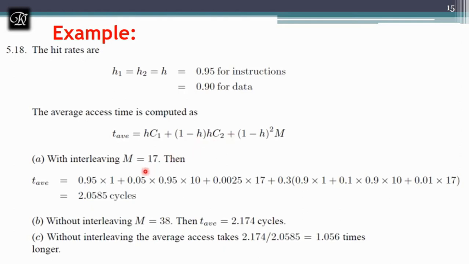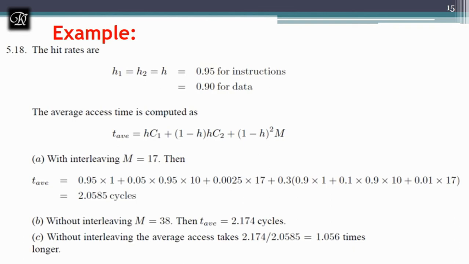With interleaving, we calculated in the previous discussion 17 clock cycles. Without interleaving, we calculated 38 clock cycles. So we substitute the values and get 2.0585 cycles for the same data.